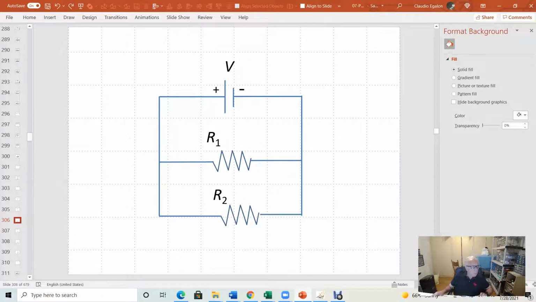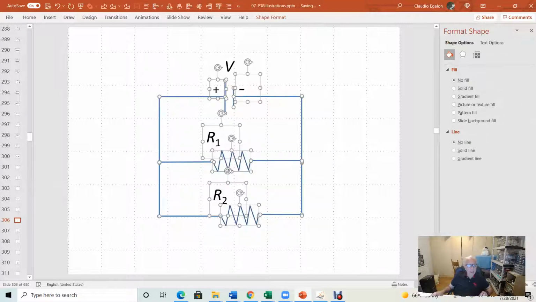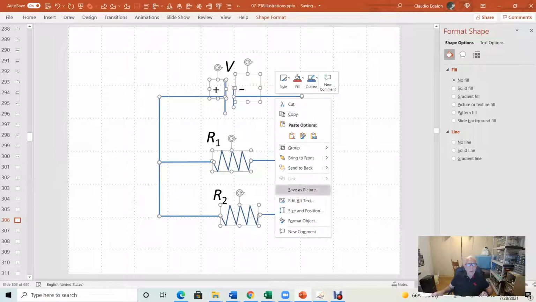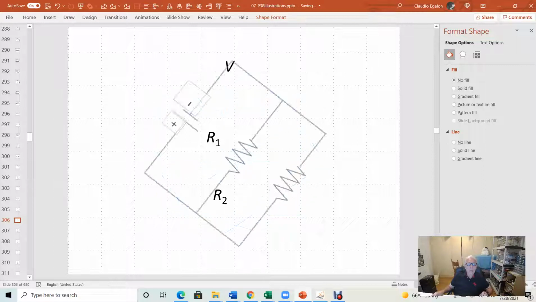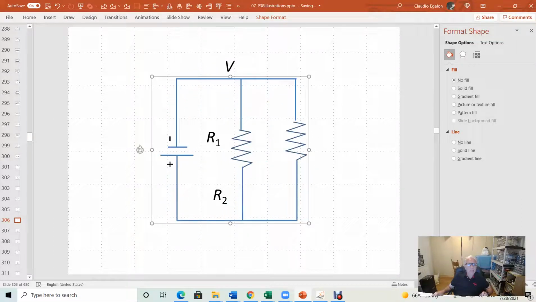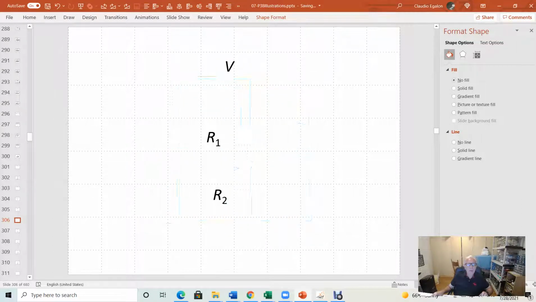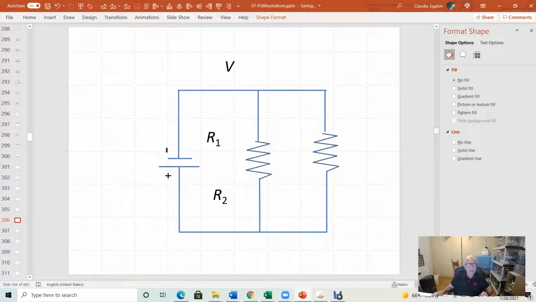I'm going just to orient this guy in the same way that is oriented there in the simulation. Group. I will rotate that. See that? That's how it is represented there in the simulation.